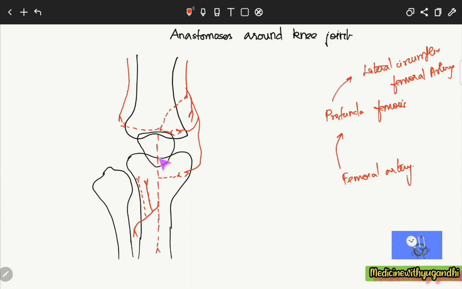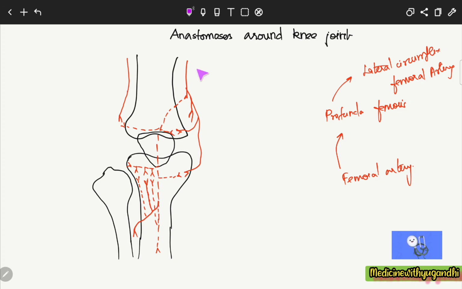From the popliteal artery there arises another branch called the inferior lateral genicular branch. These two branches anastomose with the inferior lateral genicular branch, and another branch called the circumflex fibular artery from the posterior tibial artery also anastomoses with the inferior lateral genicular branch.